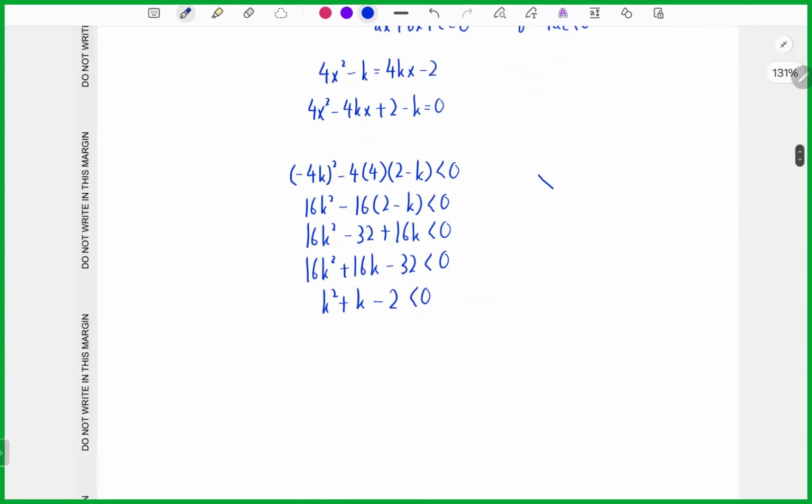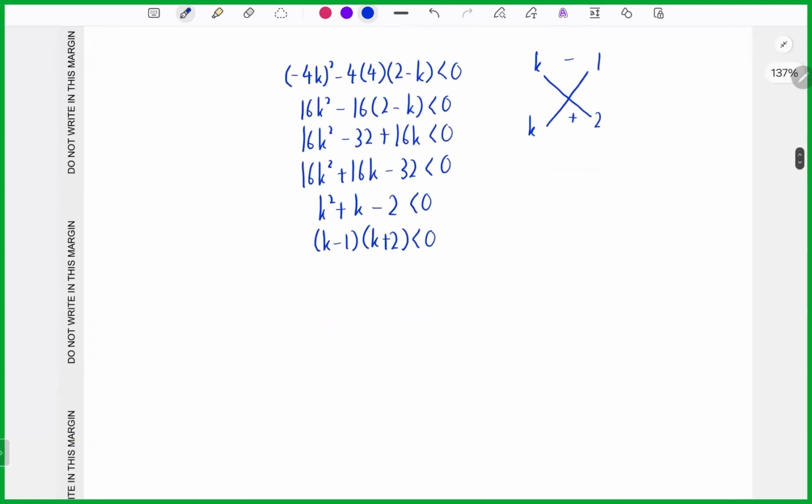So now you can try doing the factorization. k, k, 2, 1, to find the critical values. Because here we need to get a plus k, right? So make sure plus minus. So you will get k minus 1, k plus 2 less than 0.